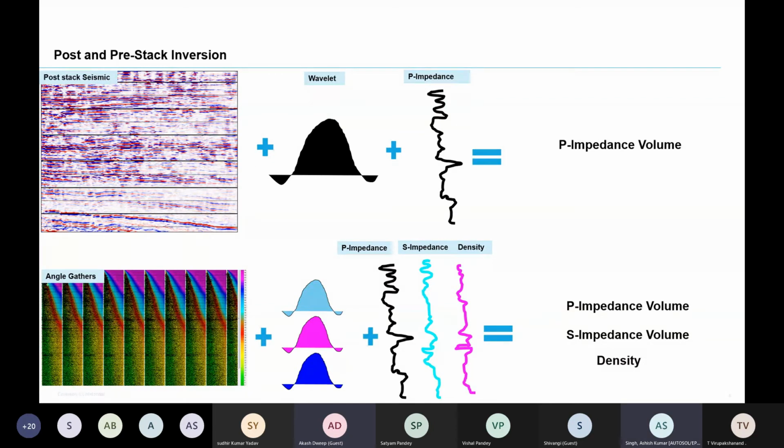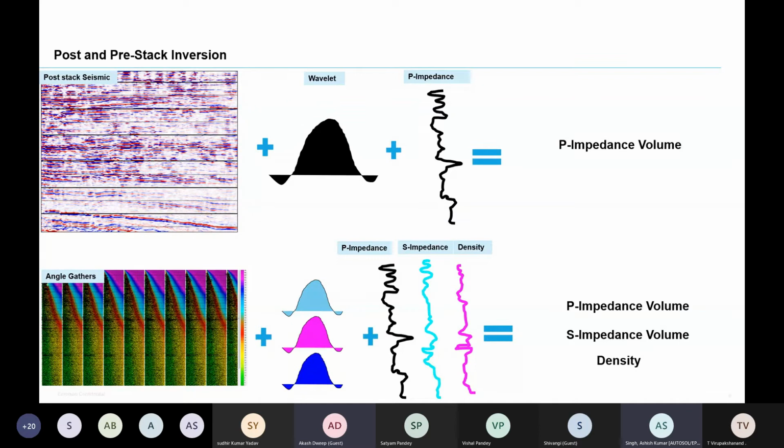Accordingly, sir, we have the data sets with different angles, but we want to make a wholesome idea at zero offset. So we combine all the data sets at a particular offset, which is zero offset, and that we call post stack data. So it is basically zero offset simulated.